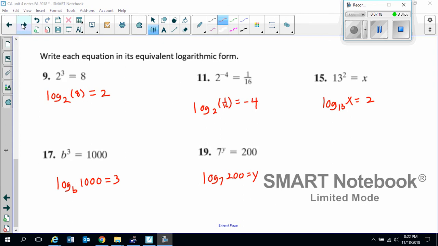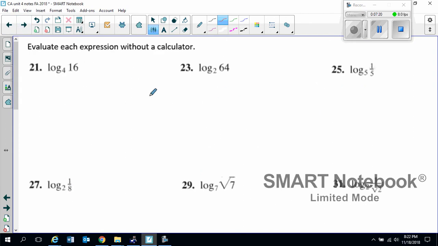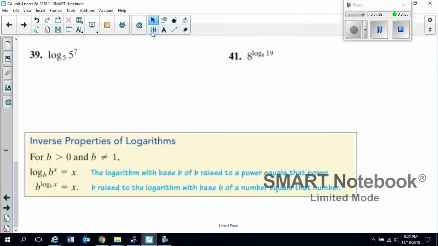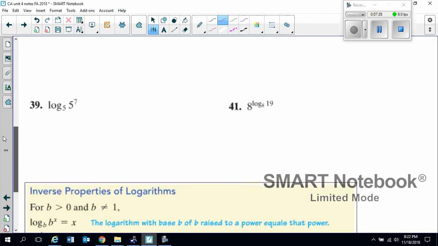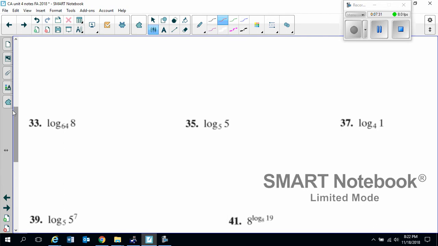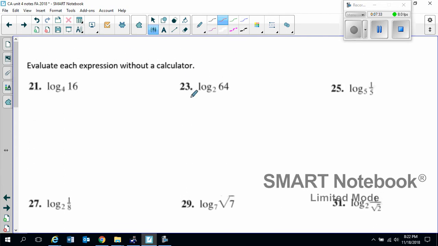All right, so moving on. We're going to start to evaluate some of these expressions without a calculator. And so I'm going to go ahead and write down our conversion again. A lot of times that can help you out here. So if you have log base b of x equals y, that converts to b to the power of y equals x.